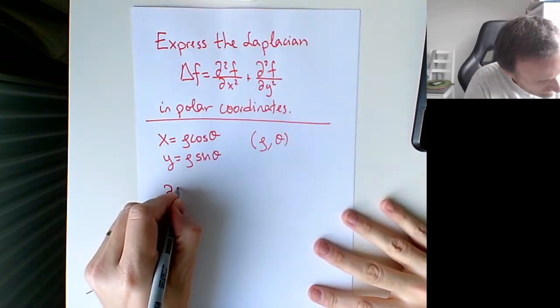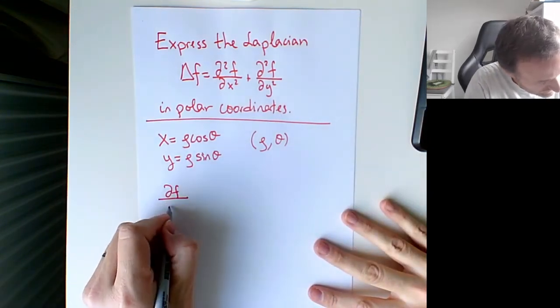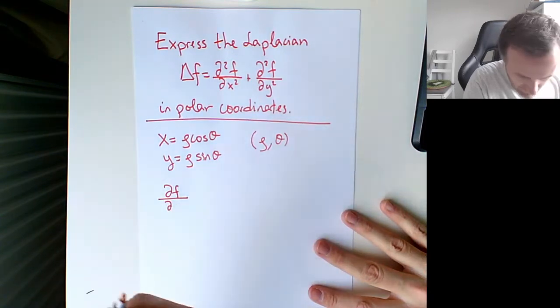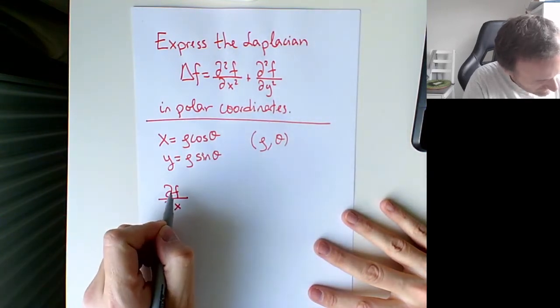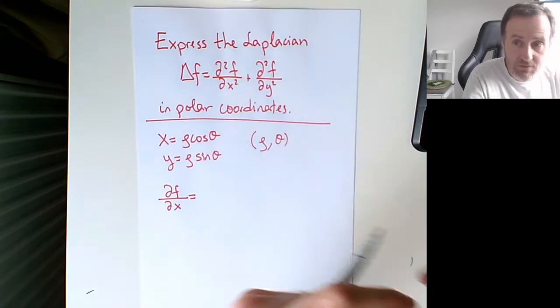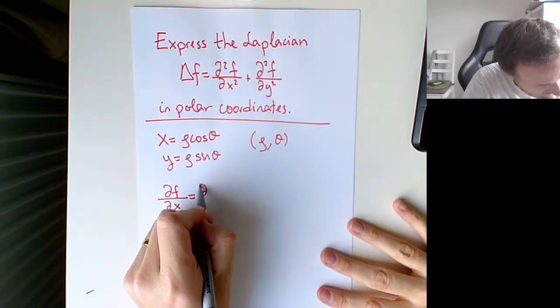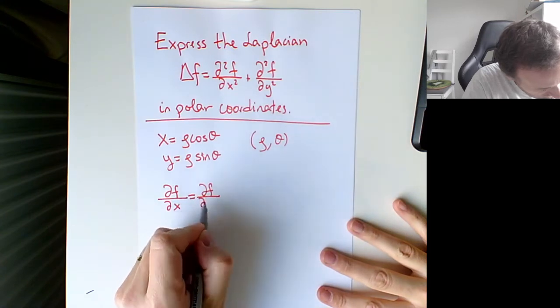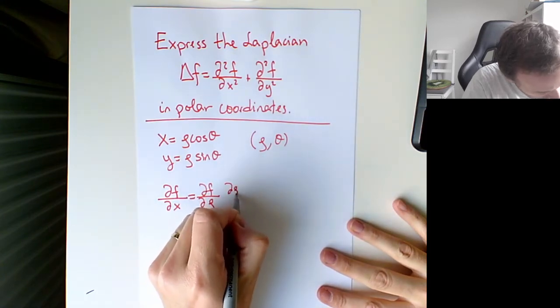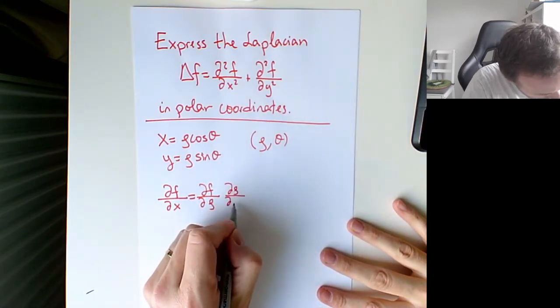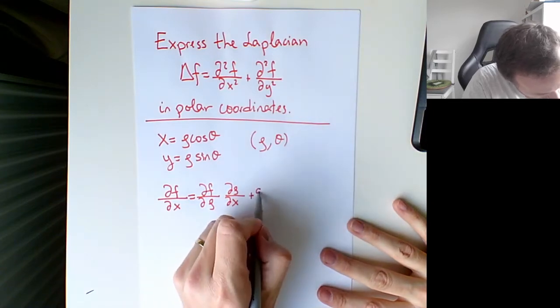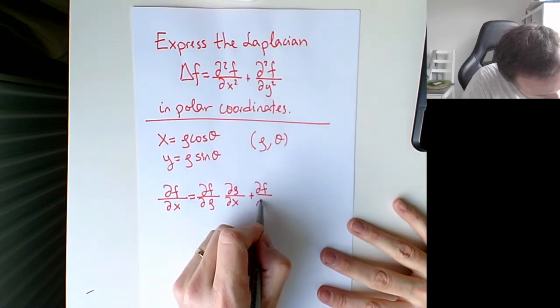So, given a function f, the partial derivative of f with respect to x, if we want to change it with respect to rho and theta, is in fact given by this.